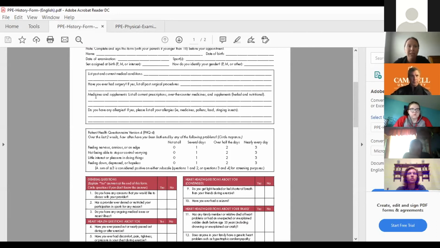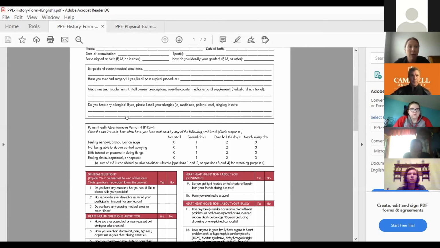Any current medicine, medications or supplements they're taking. Okay, this is also important when talking about heat illness, because many medications can be dehydrating and could increase your susceptibility to heat illness. Any allergies, that's very important to know as well. Allergies to medications, foods, insects, insect stings, since we're outdoors.